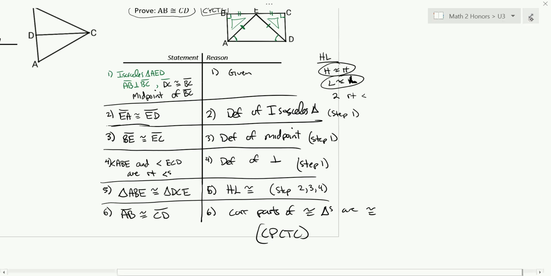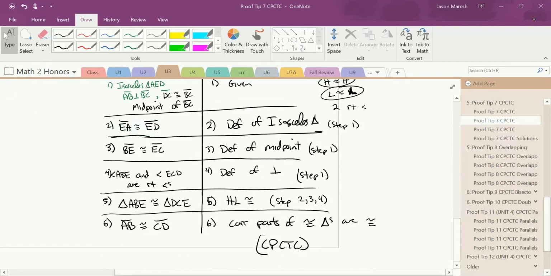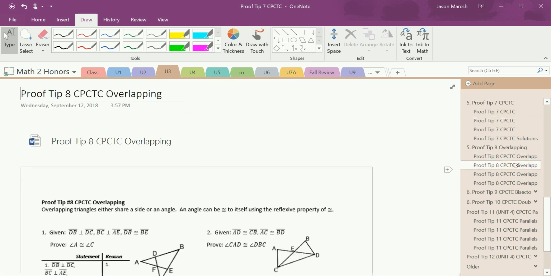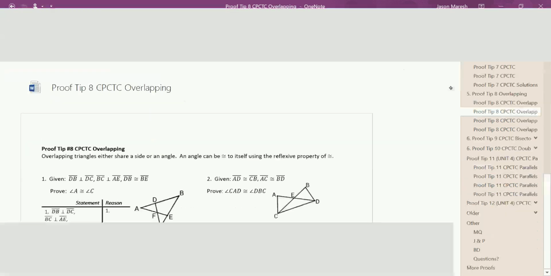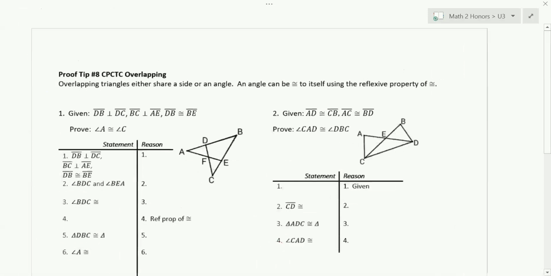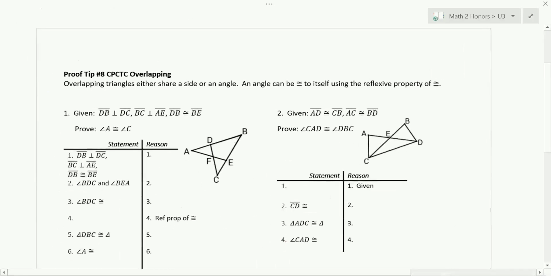All right. Turn to the next section. Level 8, overlapping triangles. So this is the hardest one. Well, this is a harder one to see when triangles overlap.